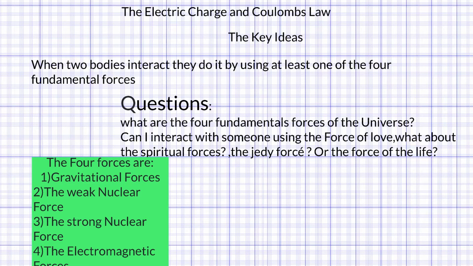The one is the gravitational force, the other one is the weak nuclear force. These forces act over a very, very small distance, the size of the nucleus, 10 to the minus 15 meters. And there are two nuclear forces, the weak nuclear force and the strong nuclear force. These nuclear forces are responsible for keeping the nucleus stable.